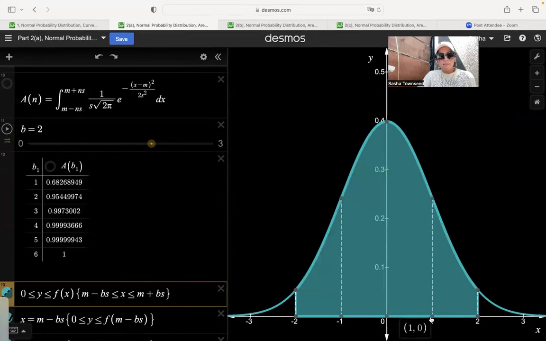So with that IQ example, we're saying 68% of the population have IQs between 85 and 115. And then when we have b equals 2, and I'm using b instead of n here, that's going to give us 95% of that area. The area under the curve is approximately 0.9545, or almost 95.4% of the area.